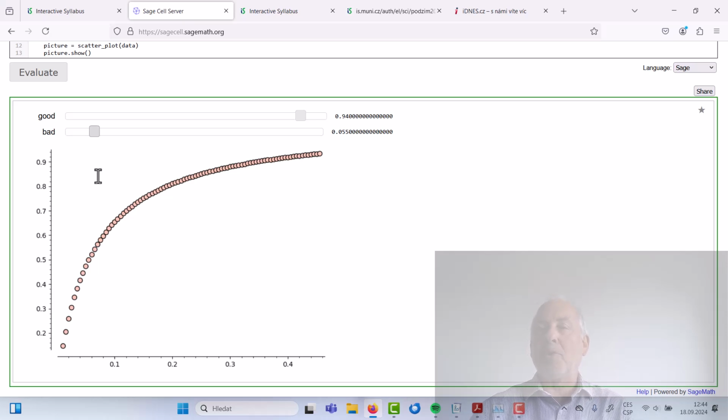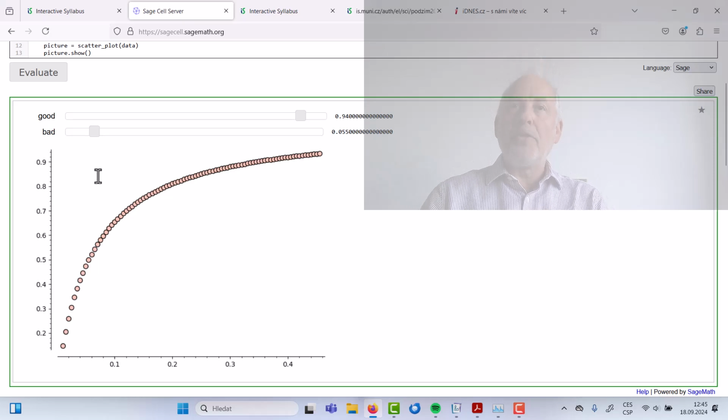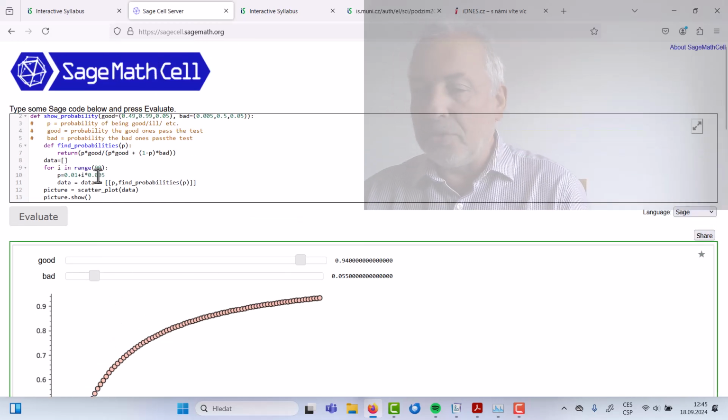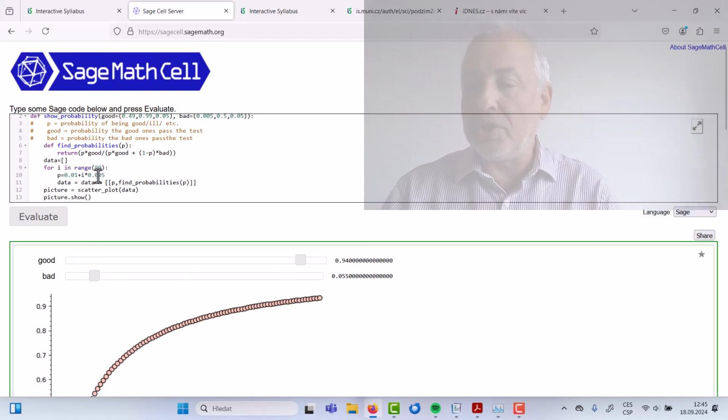So the distribution of the good and bad going through the trial tests will not be the general frequency in the population, but already something much better. And so I suggest thinking about this more carefully. And if you look at the code, you see the formula is pretty easy, and you can just go through that in a straightforward way.